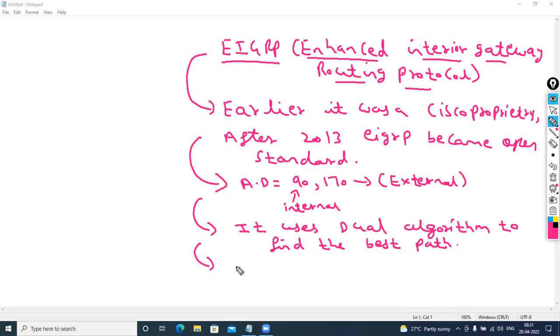What is the protocol number of EIGRP? 88. It works on protocol number 88. Which layer of OSI? Network layer.